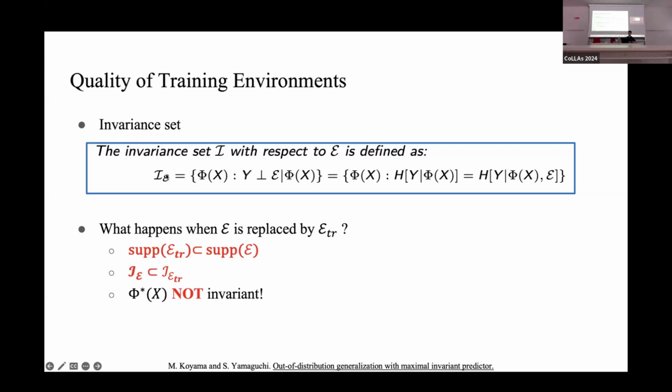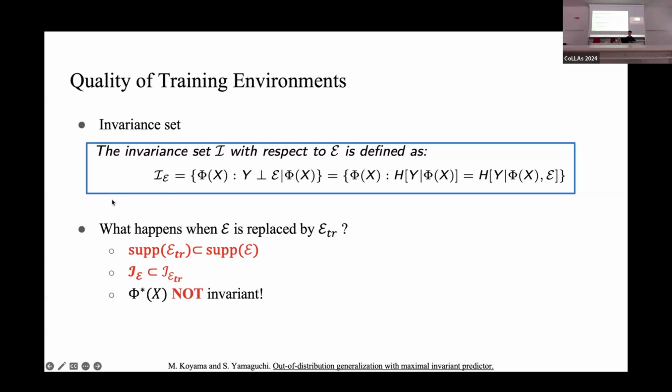Training environments cannot cover all possible environments, and therefore the resultant invariant set will be much larger than the ground truth invariant set.